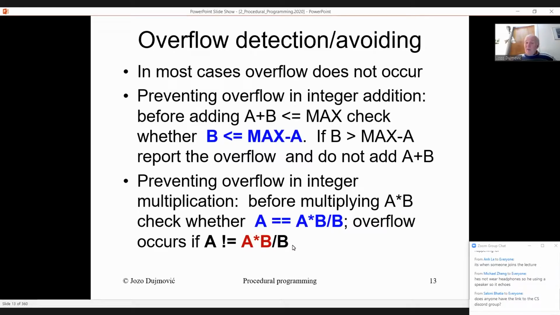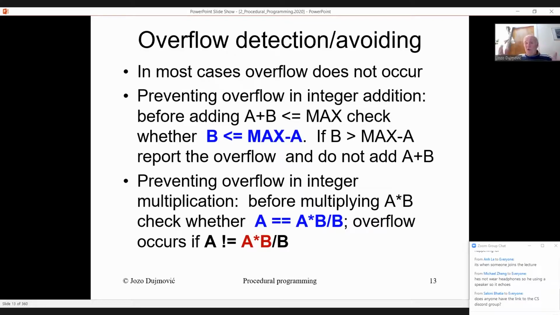If A times B is not the correct value, then when you divide that by B, it is not going to give you A, because A times B was wrong. So you can tell in advance that this is going to create an error, and you are not going to multiply A times B, because before you do that, you can say, no, this is not going to be a correct result.